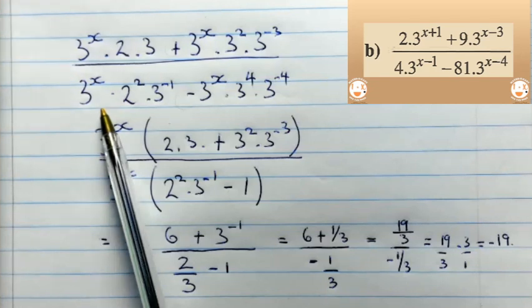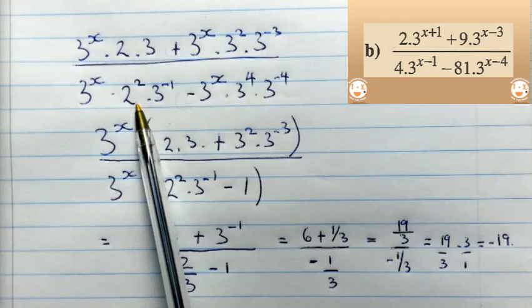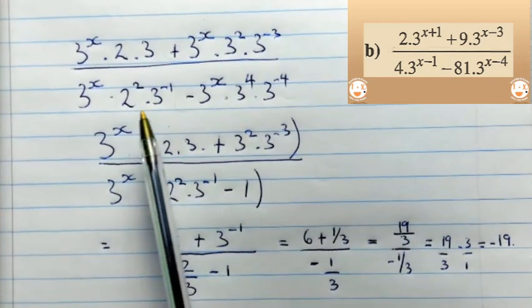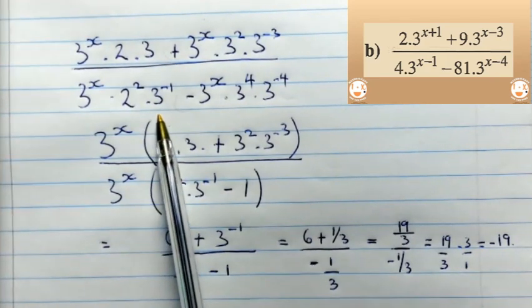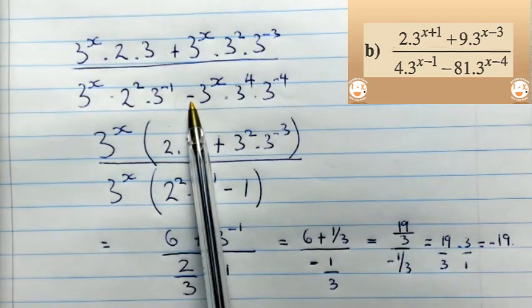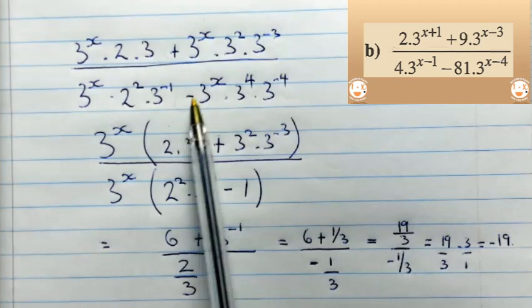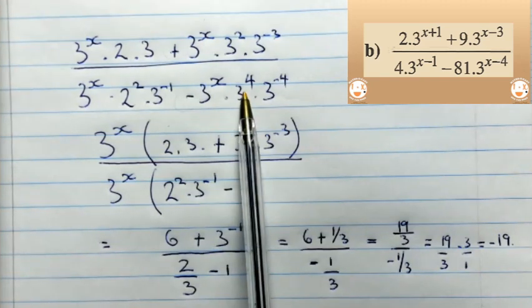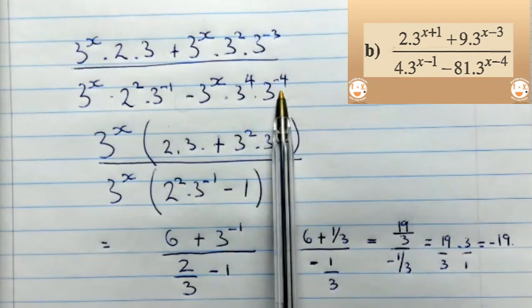A 4 gives me a 2 squared, and then that 3 to the negative 1 comes from the negative exponent in our left side at the bottom, isn't it? Then I have a 3 to the x, which is correct. Then I have a 3 to the 4. Then I will have a what? And I'll have a 3 to the negative 4.